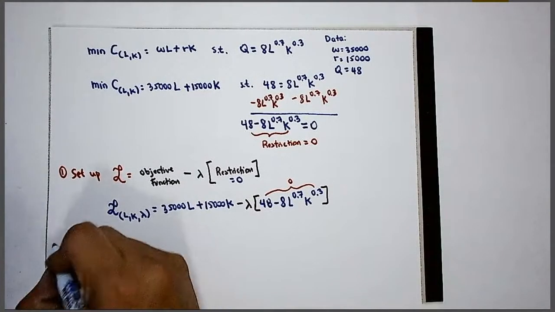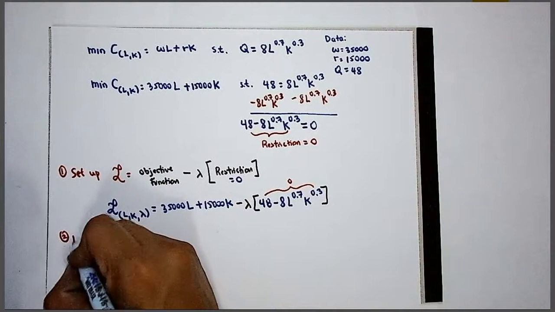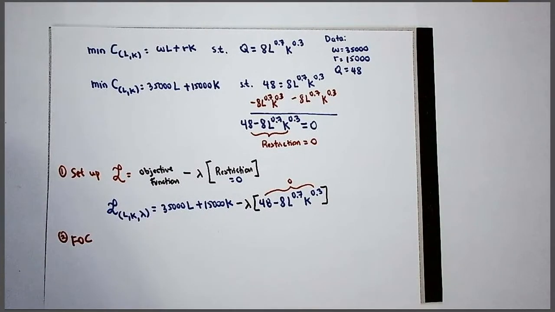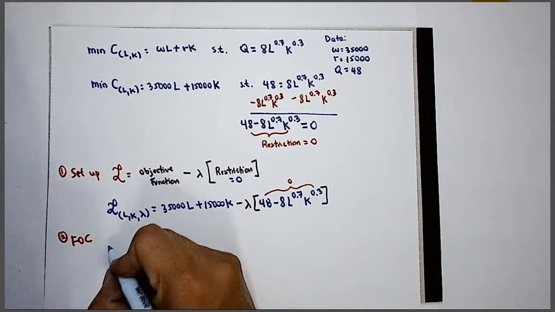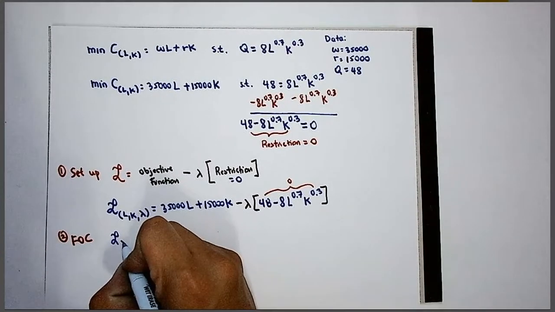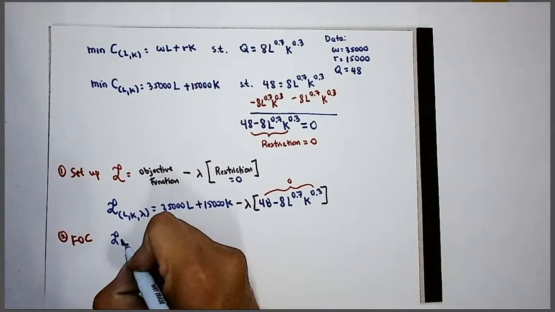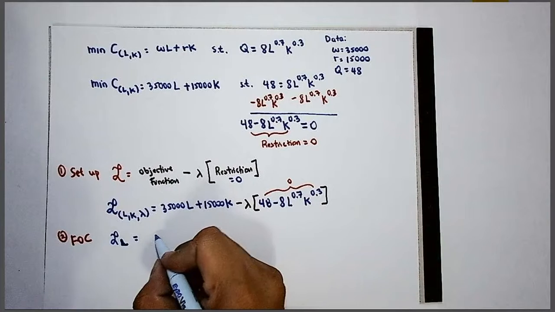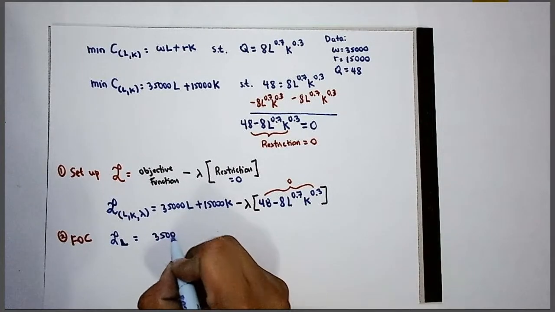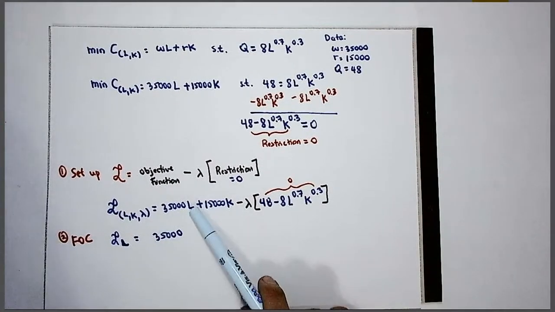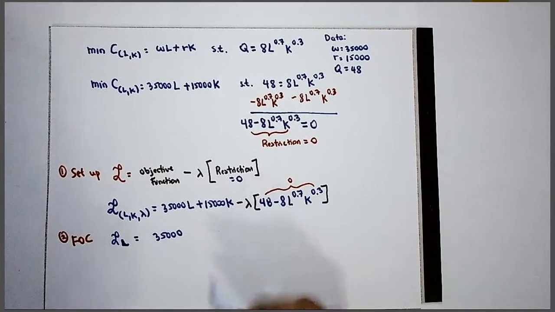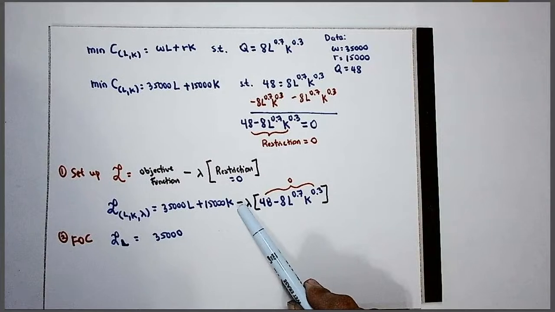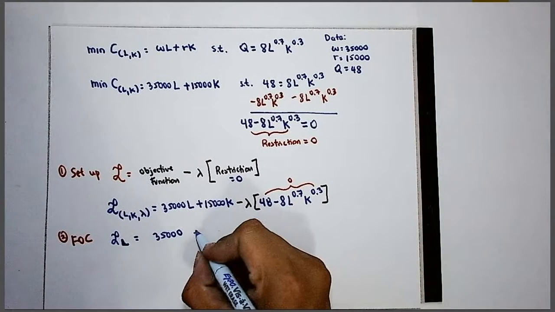The second step is to use the first order conditions. We take the Lagrange with respect to labor. Here we have that is 35,000. Then the derivative of this term with respect to L is simply 0.